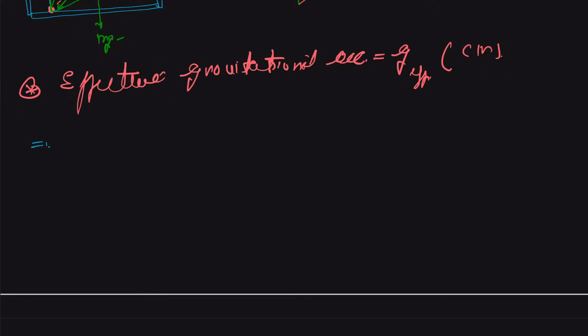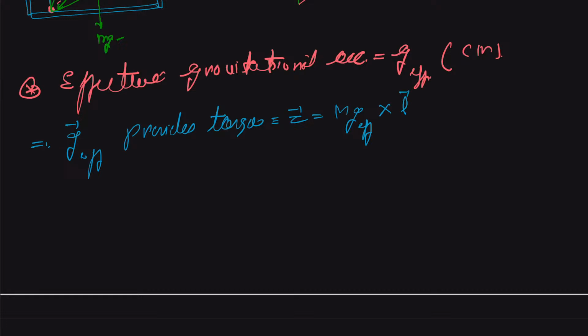So we can say g effective provides torque, and let us call this tau, and tau will be equal to m times g effective multiplied by L, because L is the distance of the center of mass.